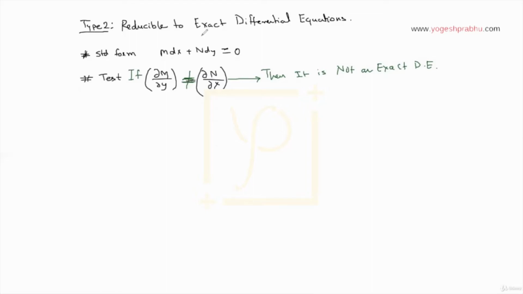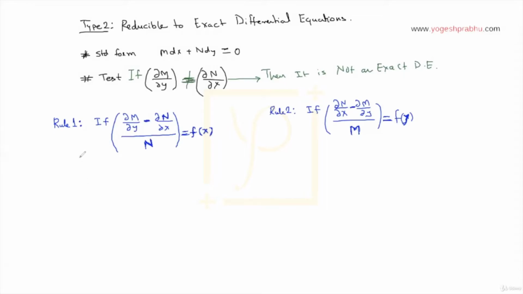So let me write down all the rules now. Let's look at rule 1 and rule 2. These are the rules to convert a not exact differential equation into an exact differential equation. It's very simple. We subtract ∂N/∂x from ∂M/∂y, and then we divide that by N, and the answer has to be a function of x.